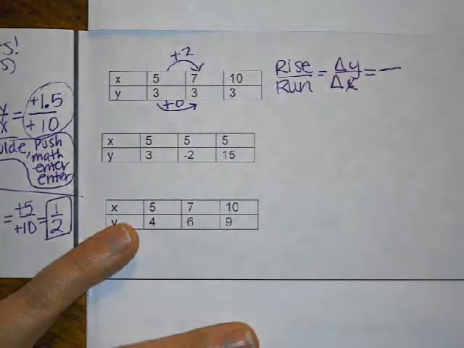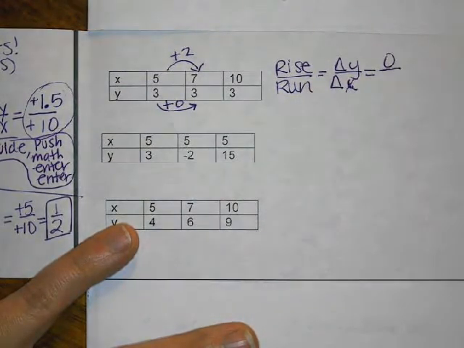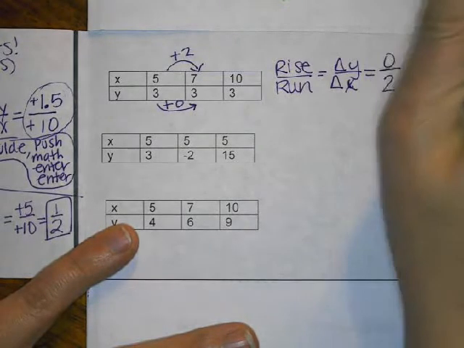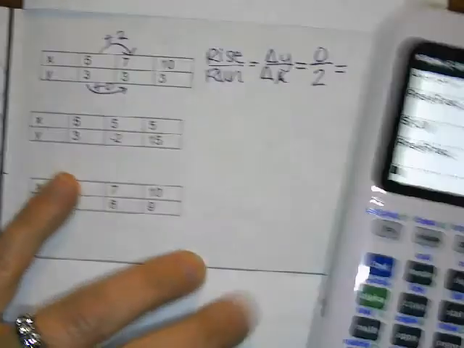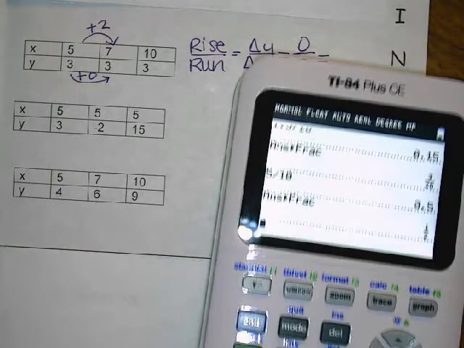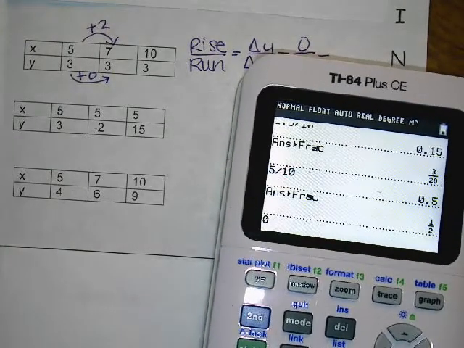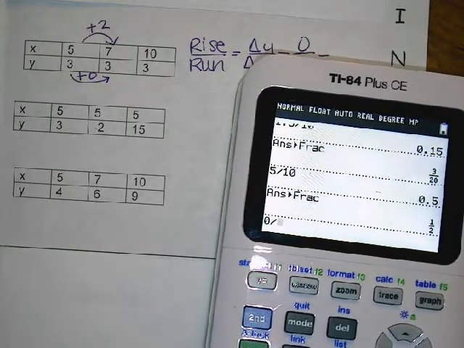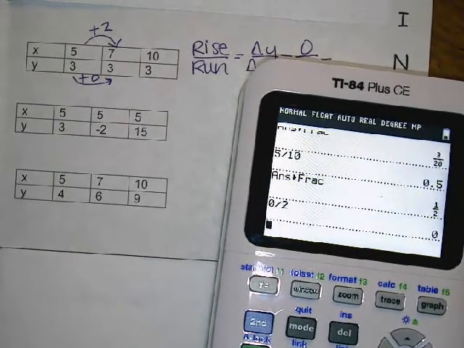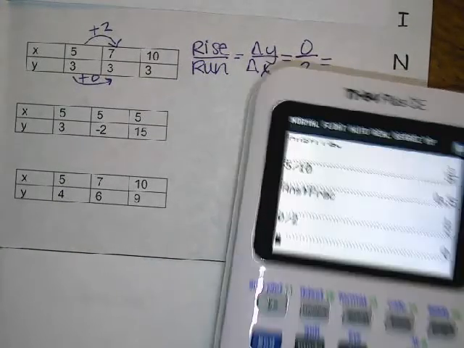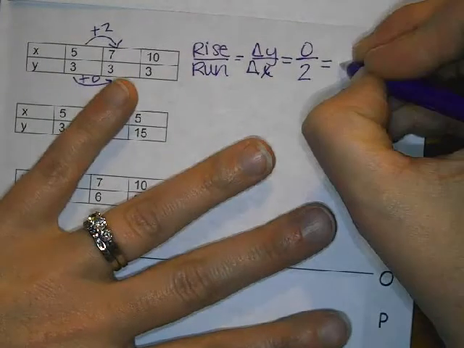How much did my y change? 0. How much did my x change? 2. I'm going to go to my calculator and be sure, because sometimes when I'm dividing with a 0, it gives me an improper fraction or an invalid answer. So let's do 0 divided by 2. Oh good, I just get 0. So for this graph, the slope is 0.